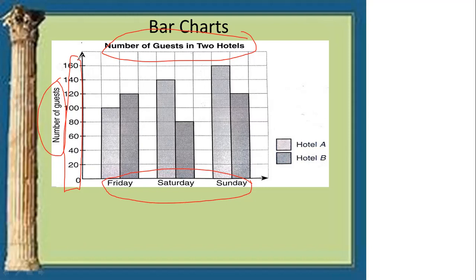If you use 10: 10, 20, 30, 40, 50, 60, 70, 80. So that means you are having uniform scale.